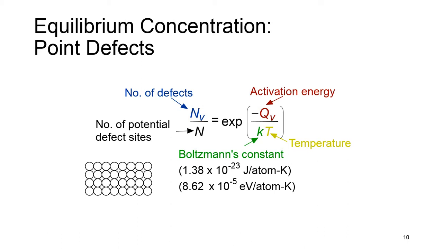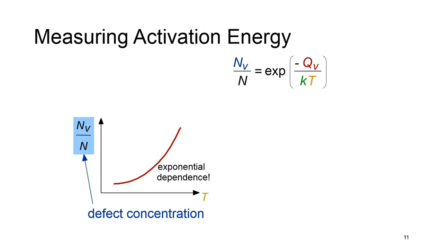Remember that equilibrium concentration varies with temperature, of course. As I said, Q is given, but it is usually found through experiments. If the ratio of N_V to N, which is the defect concentration, is found at different temperatures, then by raising the temperature, because the atoms are moving faster, there is more chance to create more vacant places.